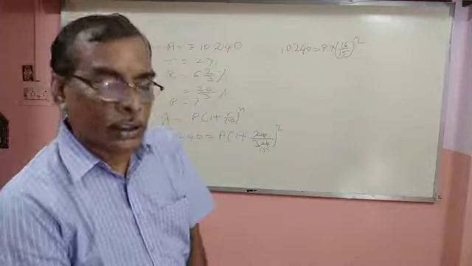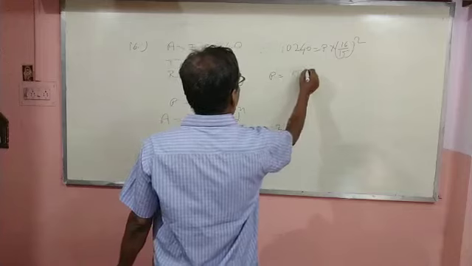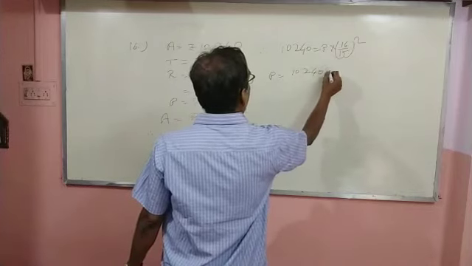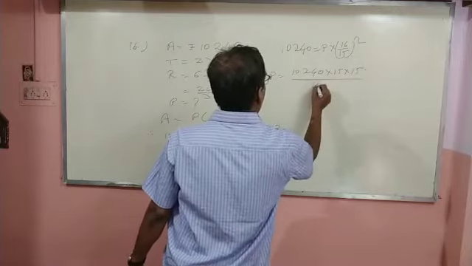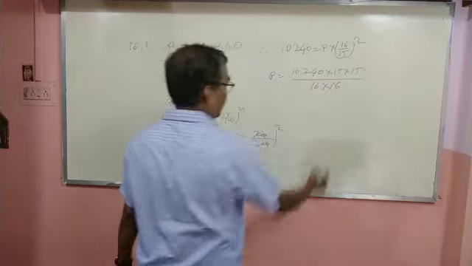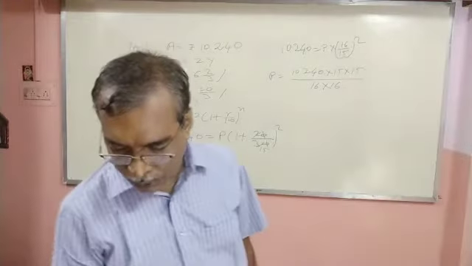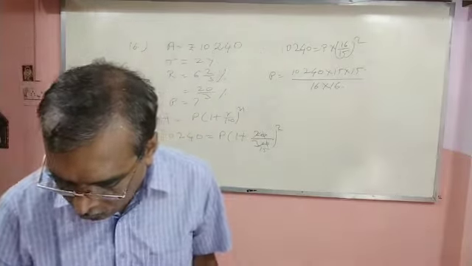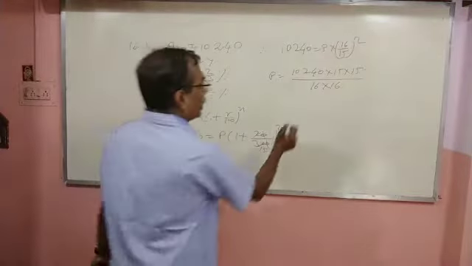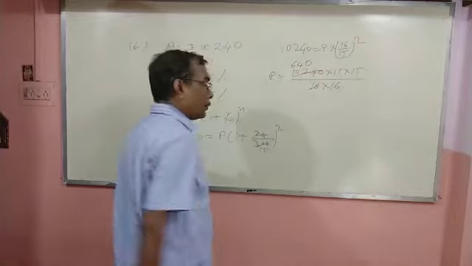The simple calculation is going on. So therefore, P will be equal to 10,240 into 15 by 16 into 16. Now, this 16 will cancel, this is coming as 640.